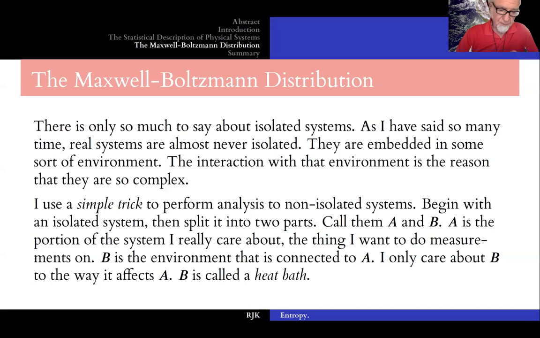We're going to assume that the universe is an isolated system, but we're going to split it into two parts. We're going to call them A and B. A is the portion of the system that I really care about. It's what I want to make measurements on, what I want to see how it actually behaves thermodynamically.